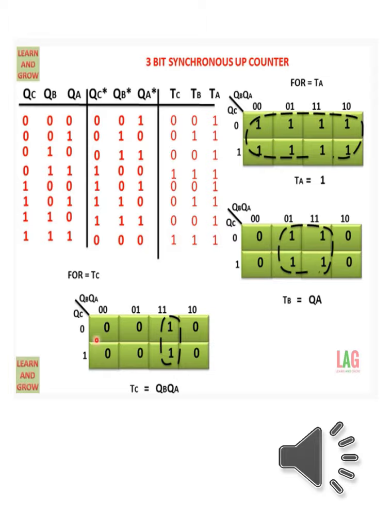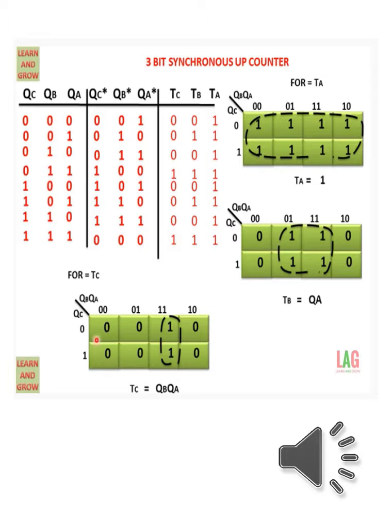After writing this, you have to go for K-map reduction. Now this problem comes under a 3 variable K-map: QC, QB, QA. Okay. So I have to write the TC K-map, TB K-map, TA K-map. It's a 3 variable K-map. So you have to take QC, QB, QA and write the TC value here, and then go for the reduction.